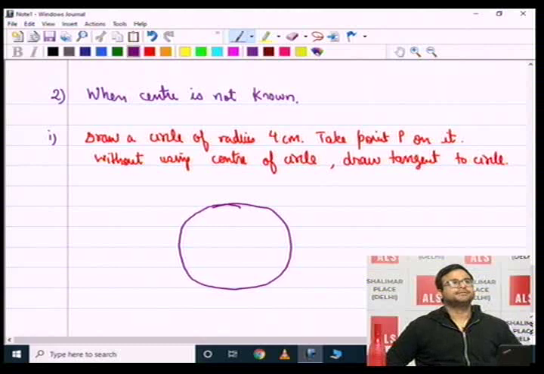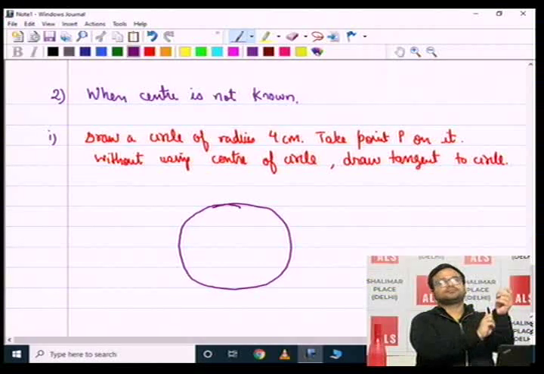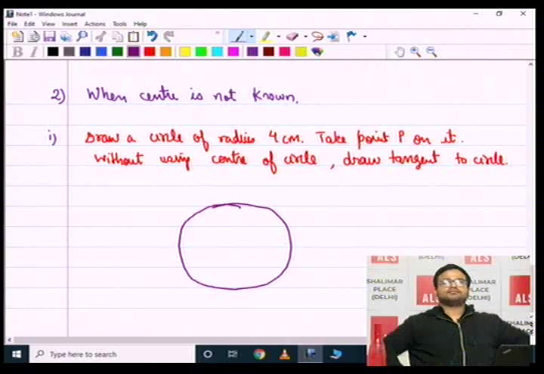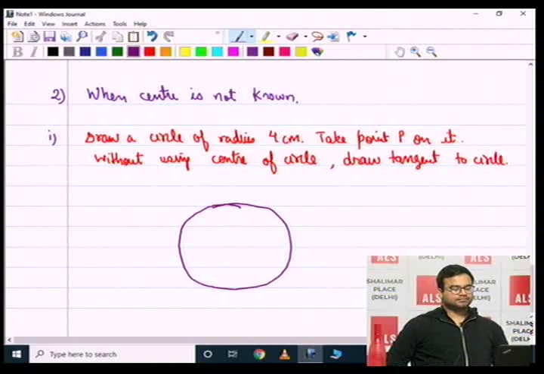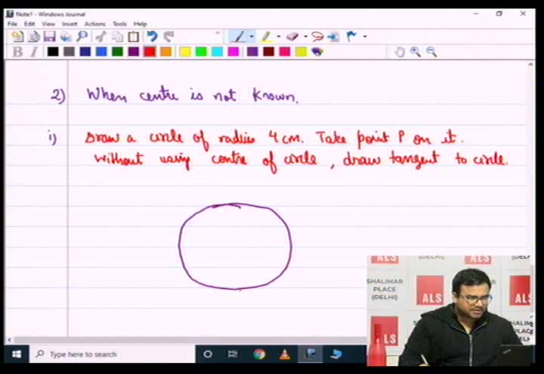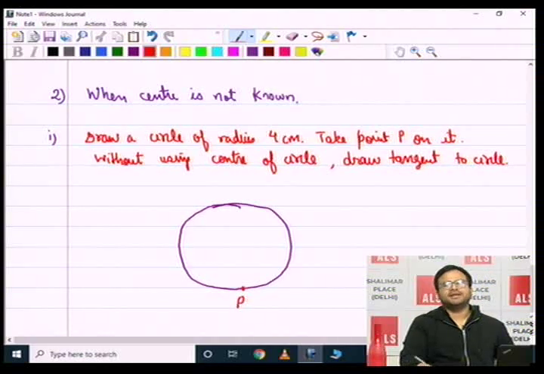All of you draw it. Okay. Now take any point P. So let us say I am taking a point over here. This is point P. So take point P on the circle. You can take it anywhere. I have taken it over here.